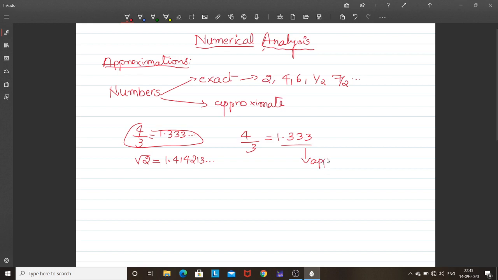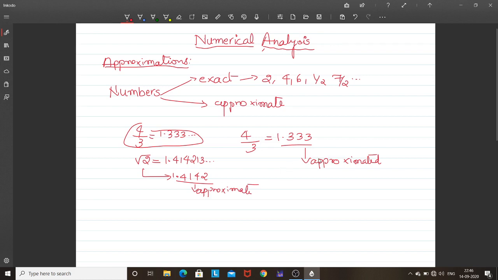So 1.33 is called the approximated value of 4 by 3. Similarly, the approximated value of root 2 is 1.4142, where I restrict the decimal places. This is the approximate value of root 2.